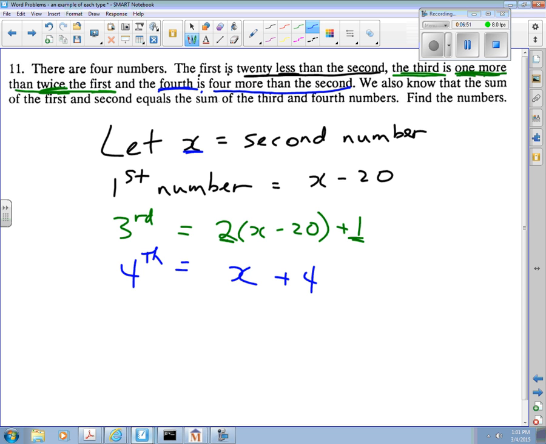There's my 4 numbers. That second sentence tells me everything I need to know about the 4 numbers. But the next sentence, the third one, tells us how they relate to one another.